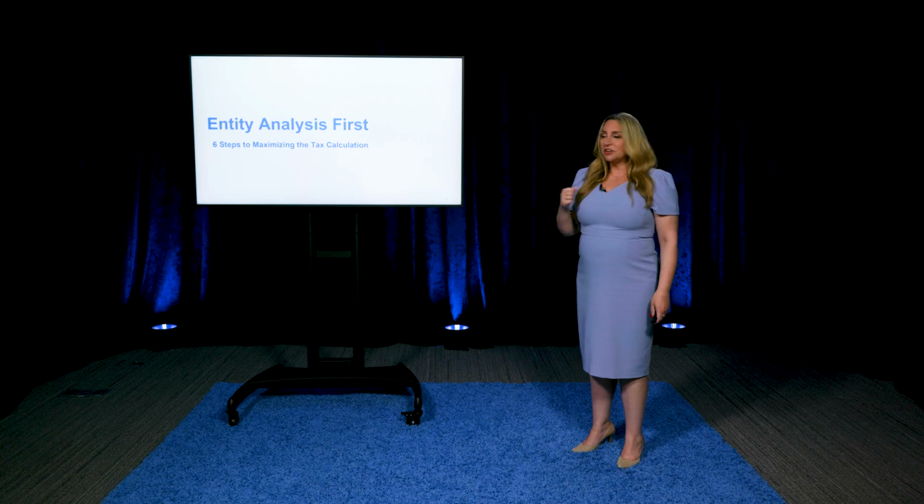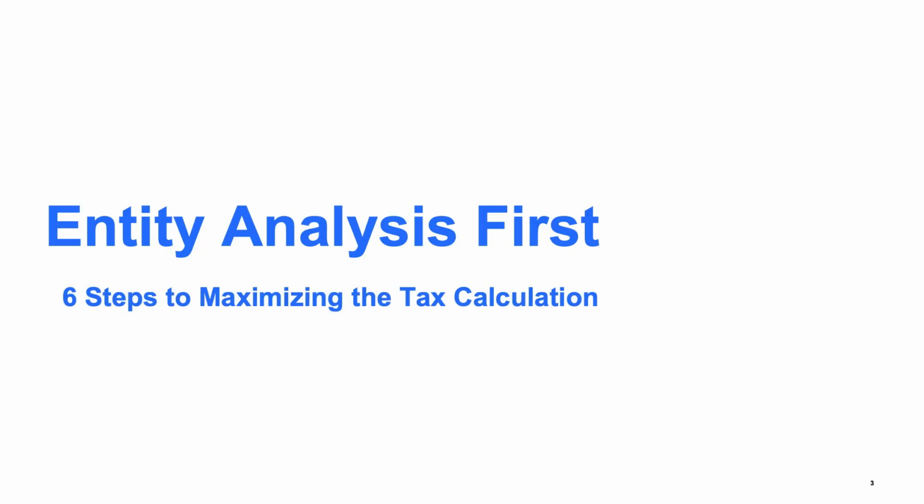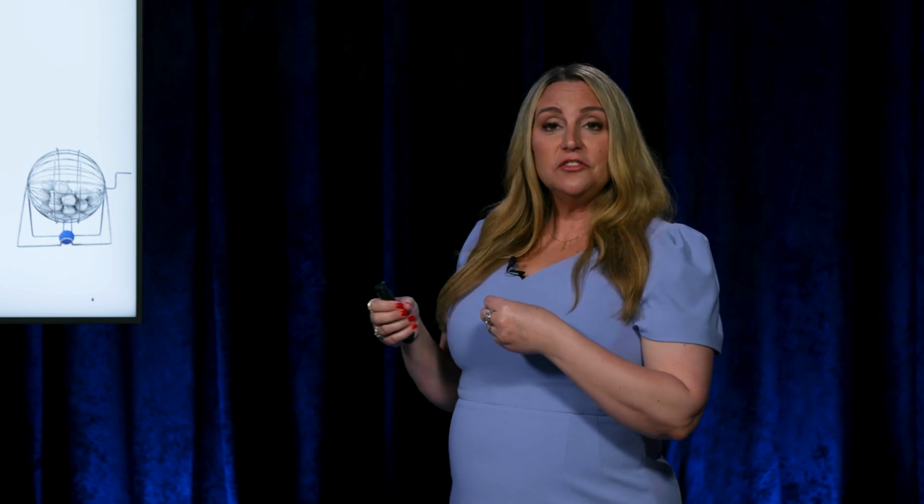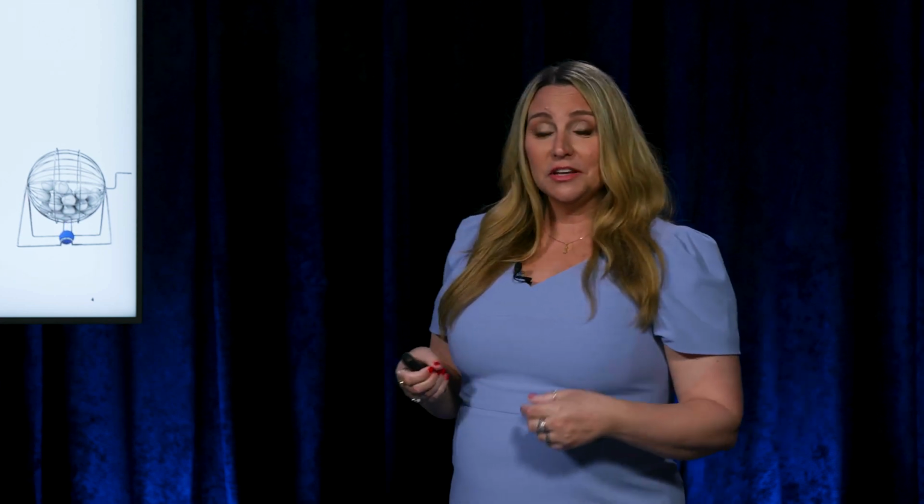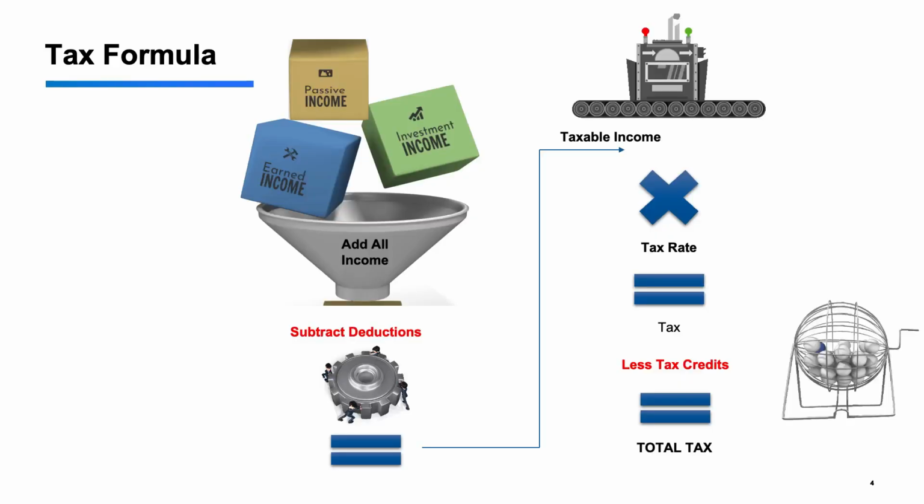Now you can modify that as you go through your plan, but it at least gives you a good launching point. Then you move into what we call the 6 steps to maximizing the tax calculation. Essentially what we're doing with tax planning is we're making small changes to the math calculation that we use to calculate tax. So, just as a quick reminder, here's our tax formula.